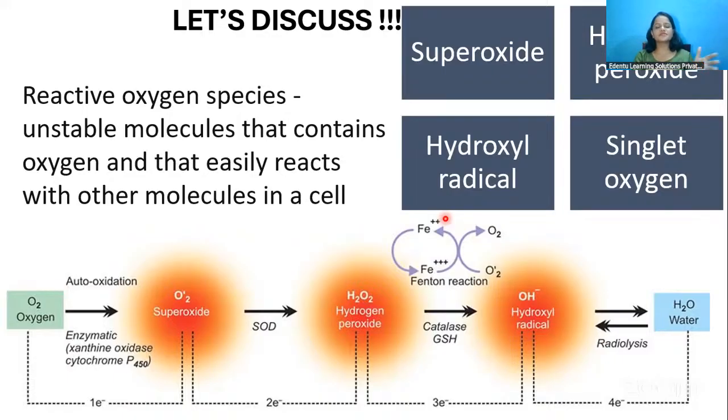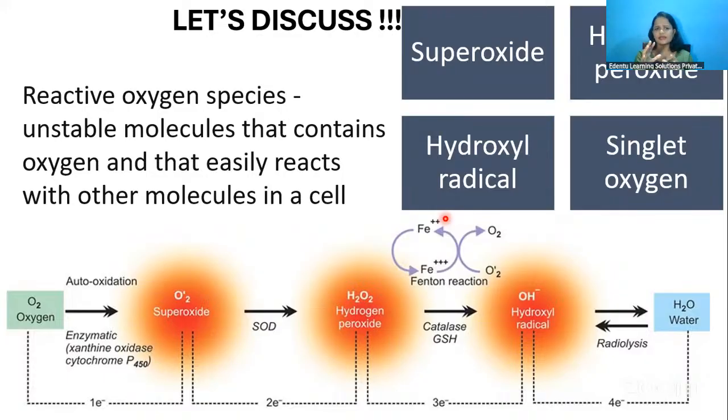But the remaining 5% of the oxygen gets converted into very unstable metabolites. Such unstable molecules derived from oxygen are called reactive oxygen species. They are unstable molecules that contain oxygen and easily react with any component inside the cell.